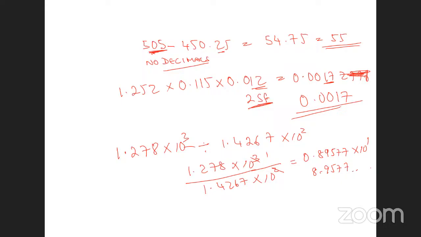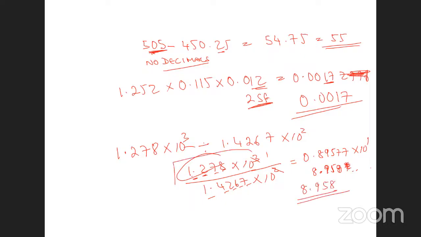So now this is a division, so you have to go for the one with the least significant figures. This one has 1, 2, 3, 4. This one has 1, 2, 3, 4, 5. So you have to make it to 4 figures. So 8.958. My final answer will be 8.958.